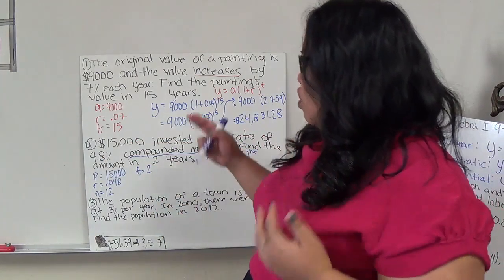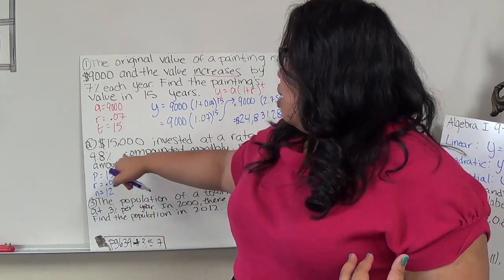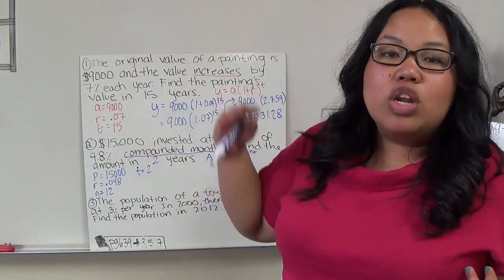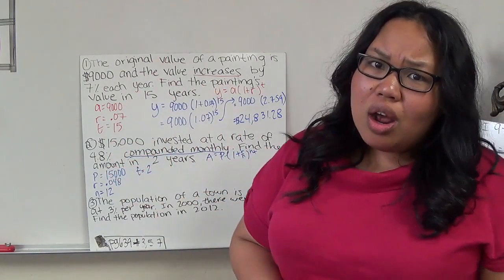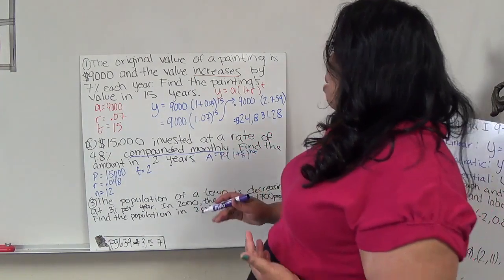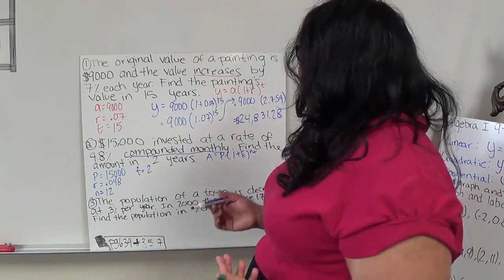So the bank says, give us $15,000, and every month we'll increase it by 4.8%, which doesn't seem big, but it does if it's compounded monthly. So let's see how much money you're going to make after 2 years. Is it worth it? Okay, let's see.